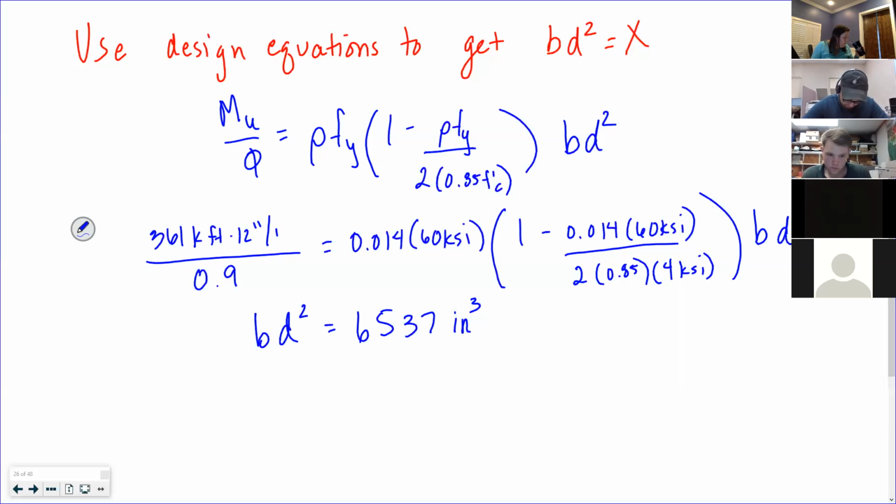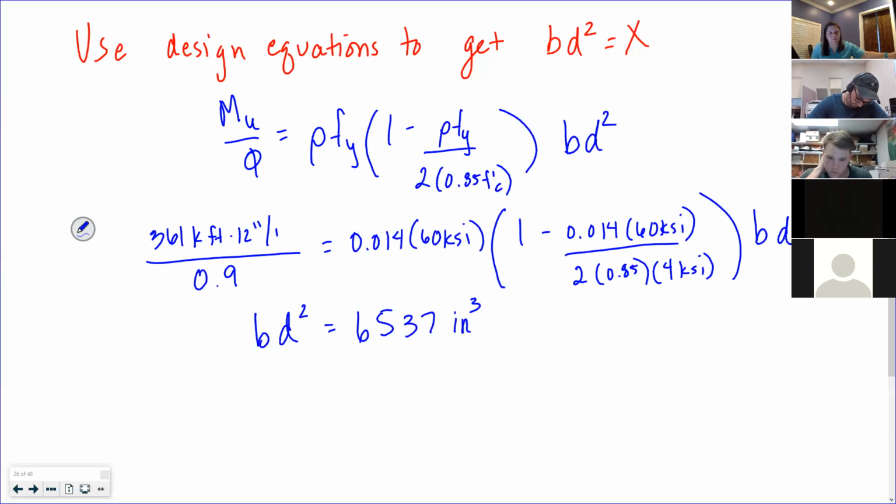So on a side note, I was looking at the homework. And you want us to do the moment diagrams with self-weight. So we would basically do this to get an assumed B and H value, go back and calculate for normal weight concrete and add that into your dead load. It shouldn't change stuff too much.